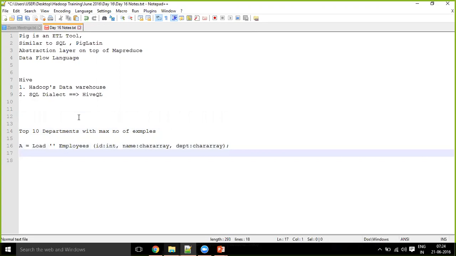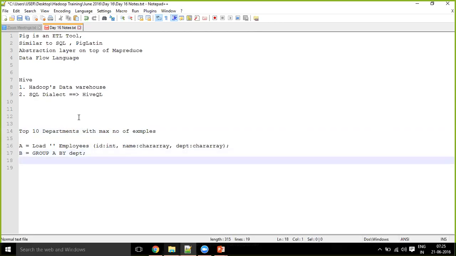Okay, in Pig, if I have to do this, what can I do? So B equal to group A by department. Okay, now you will get all the groups.